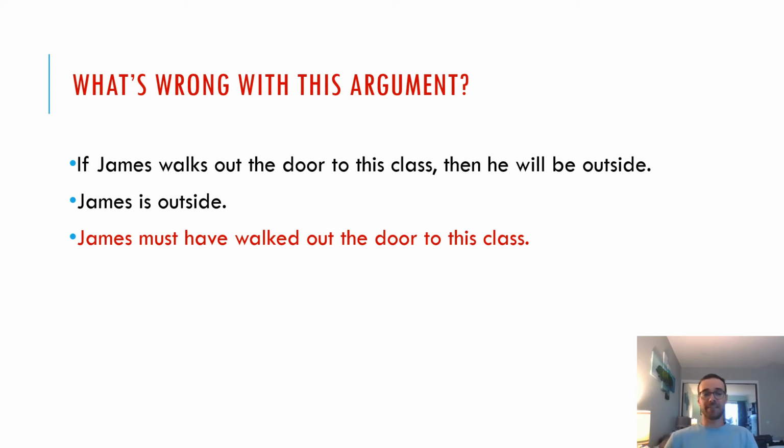I can believe that if James walks out the door to this class, then he will be outside. And I can also believe that James is outside right now. However, I can deny the conclusion that James must have walked out the door to this class because maybe James had been outside the whole time. Or perhaps James jumped through the window or crawled through the ventilation system.